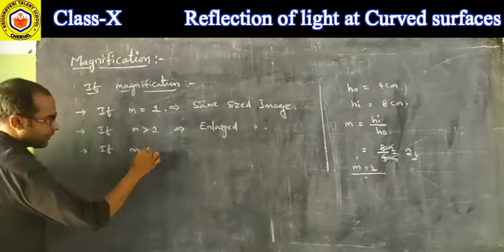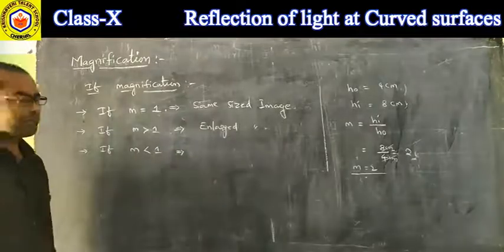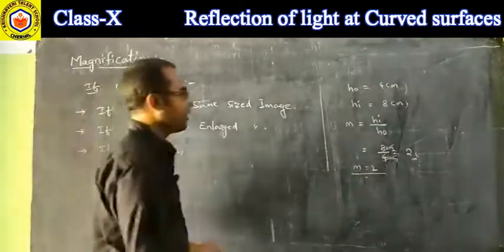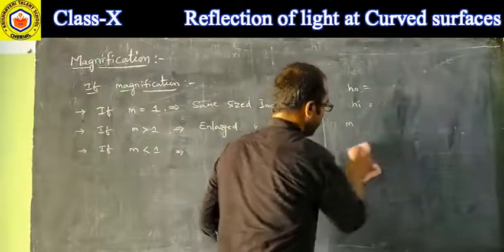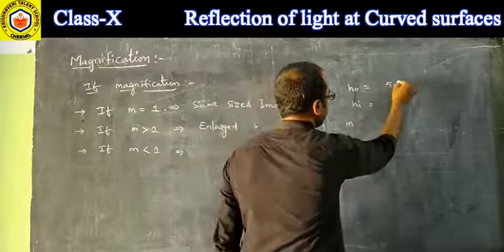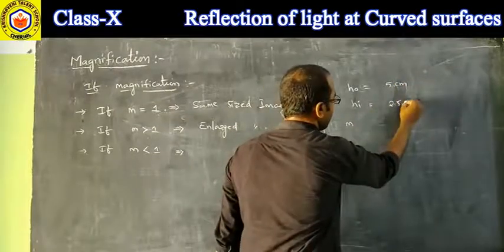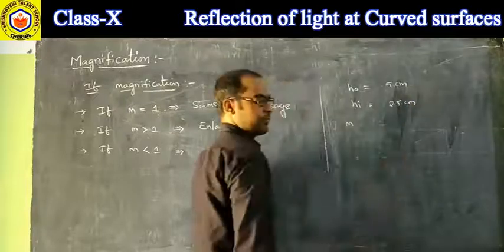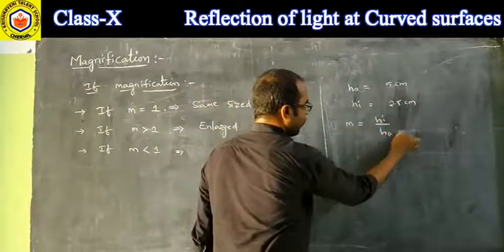Next, if magnification is less than 1, then what does it indicate? Let us take the height of the object as 5 centimeters and height of the image as 2.5 centimeters. Let us calculate Hi by Ho.